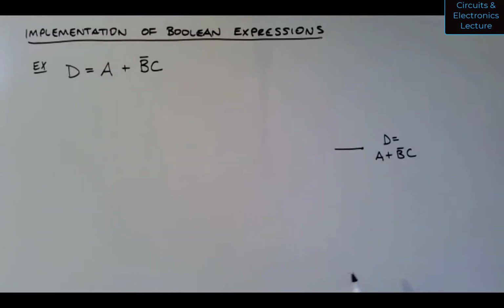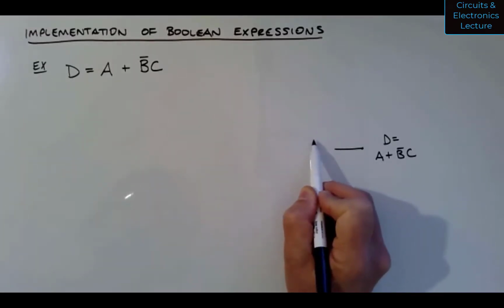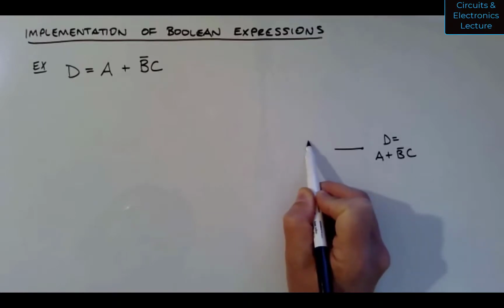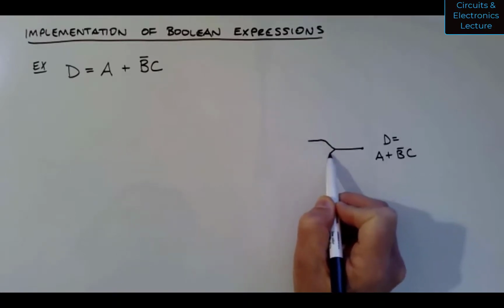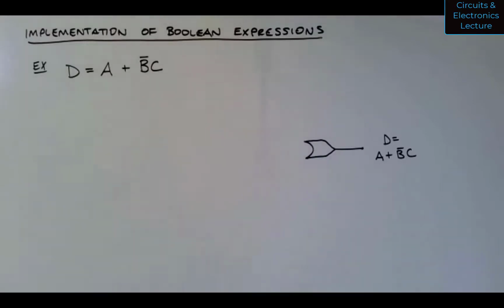That's what we normally do with regular algebra. That order of operations is the same for Boolean expressions. So the last thing I want to do is that add. Let me do that now. That's an OR gate. So there's my OR gate.